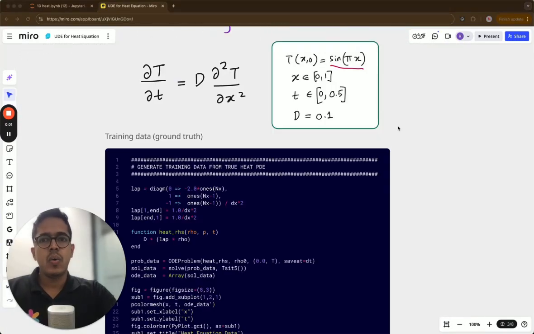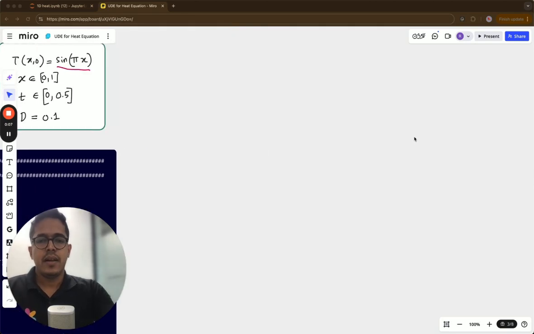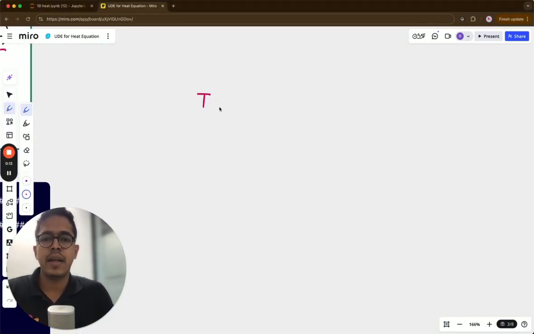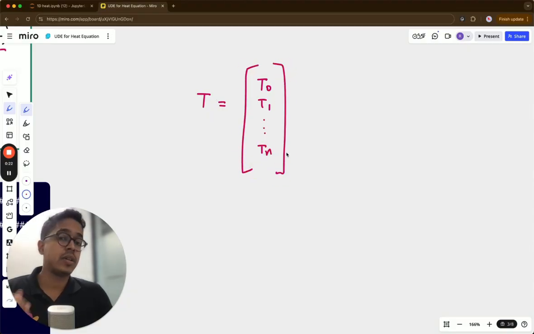Now let's see how we can numerically calculate the Laplacian, dou square T by dou x square. The temperature we are storing in an array, so we have T equal to T0, T1, etc. up to Tn. This is the temperature as a function of space for a given point in time, stored as an n-dimensional array.